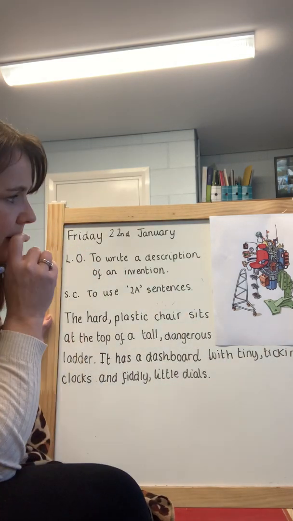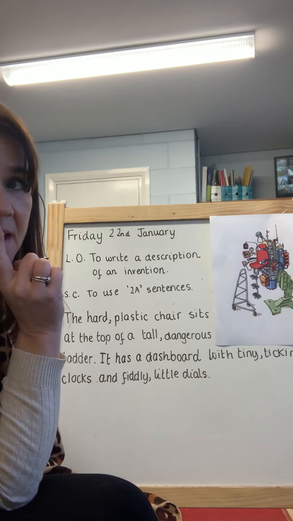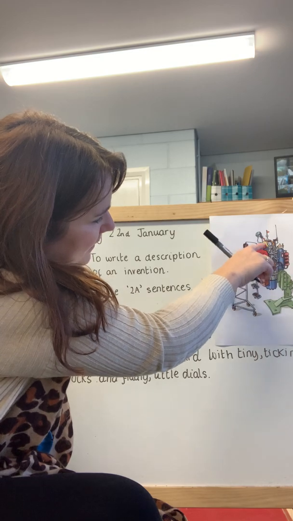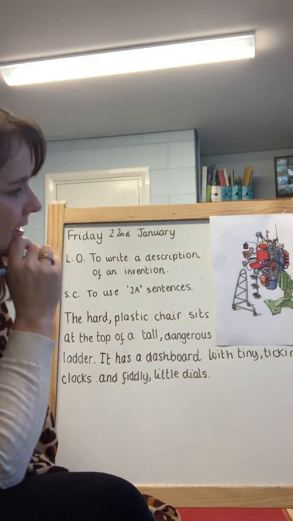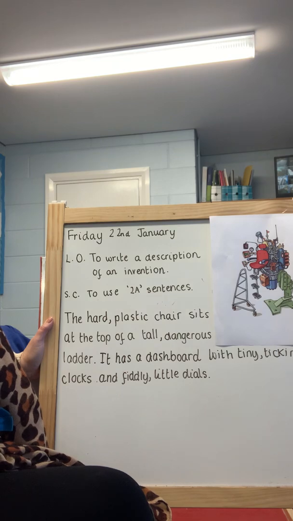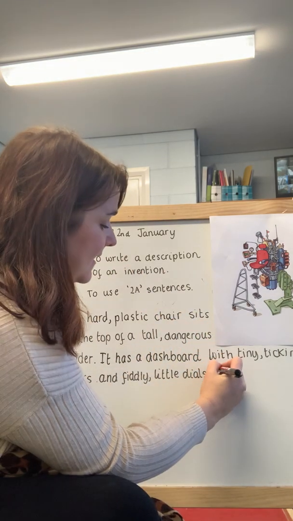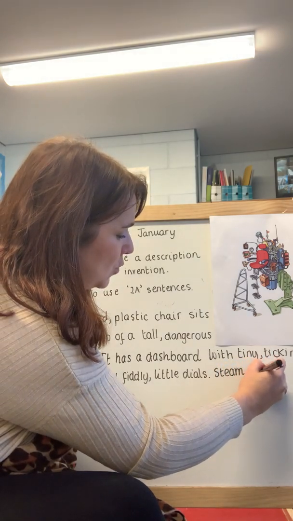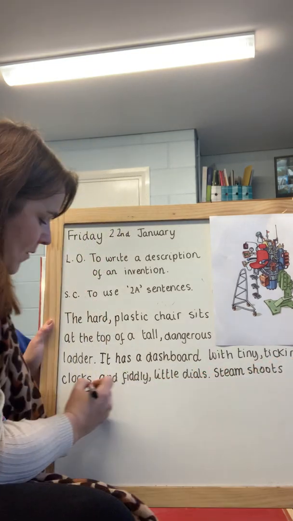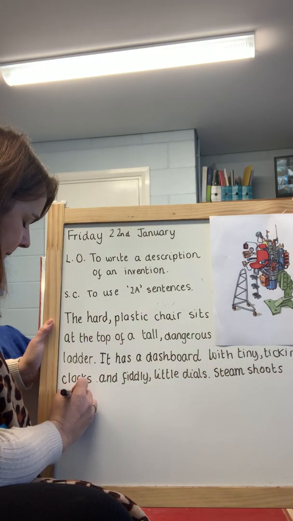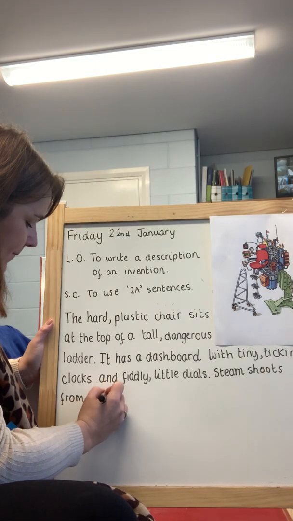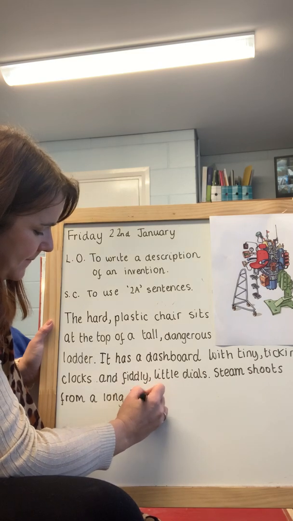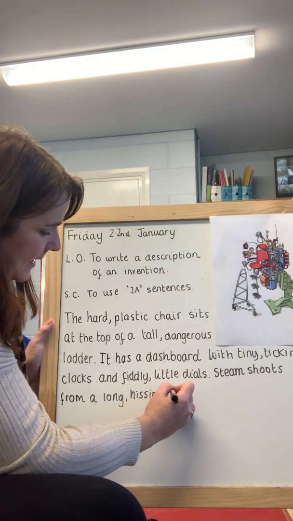What else do we notice about my machine? Which part of it shall I look at now? I like this part here. Look at this tank. I'm going to write steam shoots, because it probably would, wouldn't it, if I was going to clean my house with it. Steam shoots from, what did we call it? A long hissing, because that was the noise I think it would be making, gas pipe.